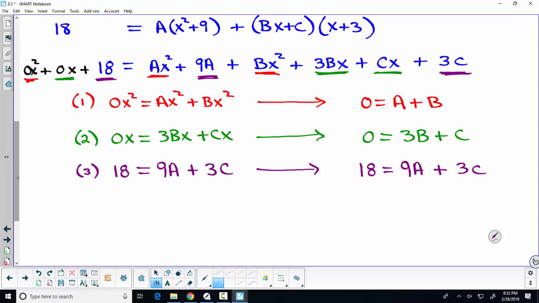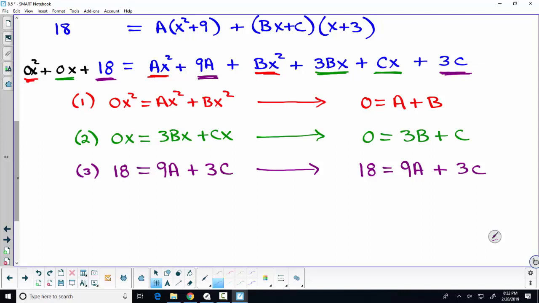We couldn't subtract one from the other because this one's AB, this one's BC, and this one's AC. Oh, no, it's 3. So we can substitute, right? We can't use elimination because there's not two of the same things in each equation.